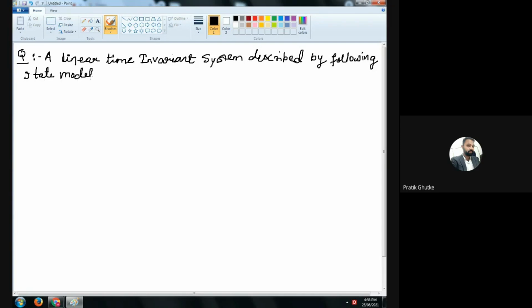So what is the state model given? They have given this state model as x1 dot, x2 dot, x3 dot. This is a 3 by 3 matrix they have given.